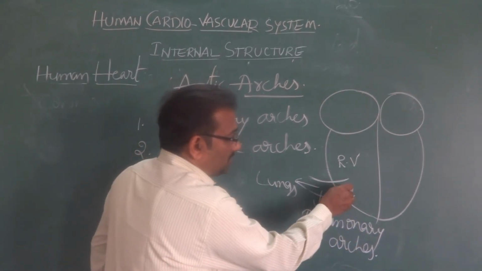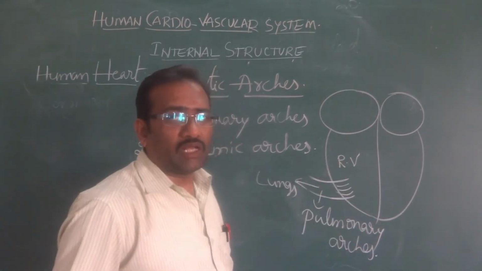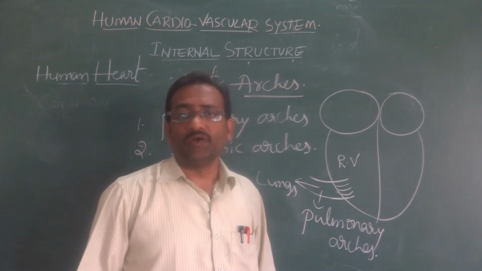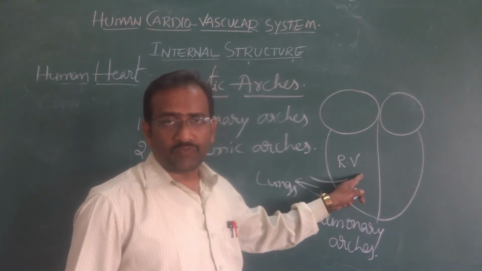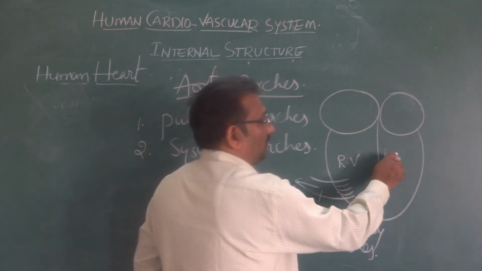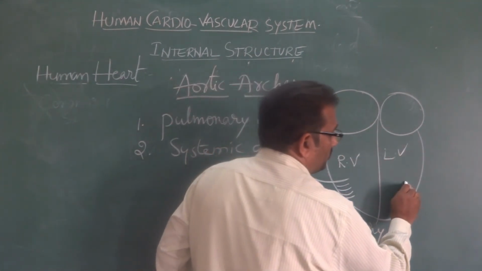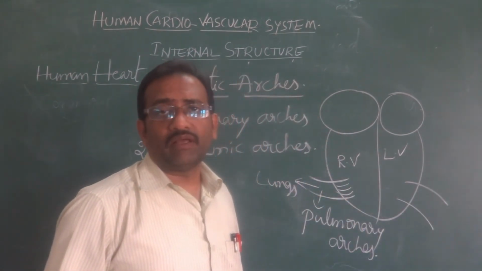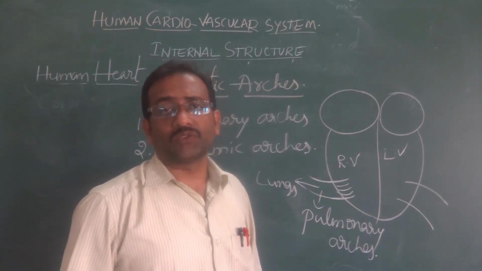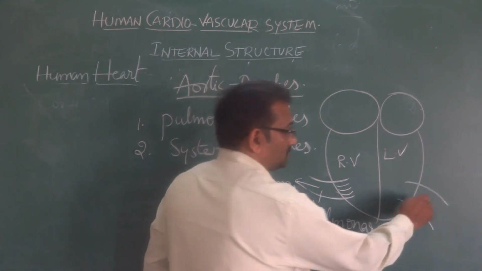There are three semilunar valves present where the pulmonary arch opens from the right ventricle. Like that, from the left ventricle, another blood vessel arises. This is called the aortic arch, also called systemic arch.